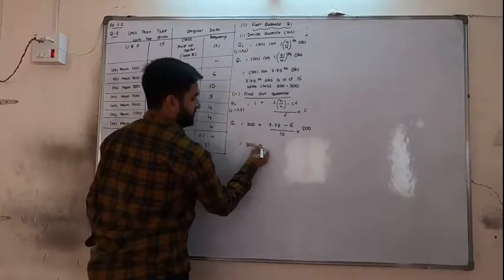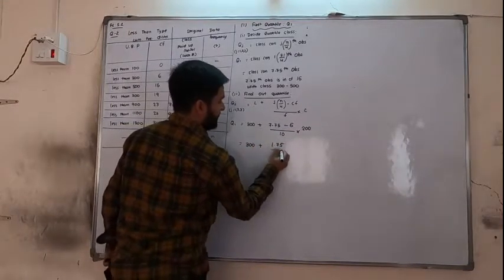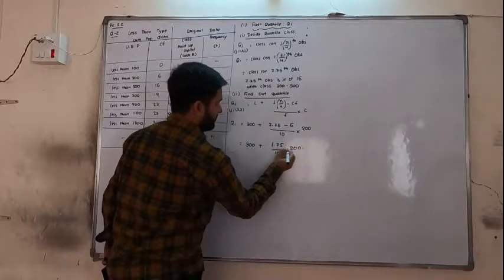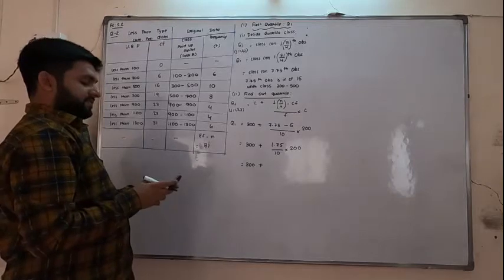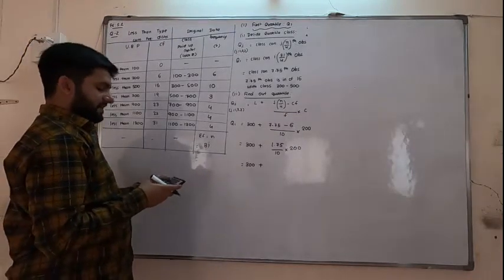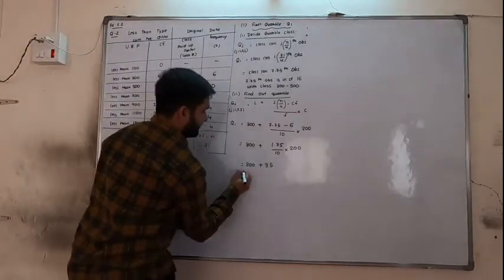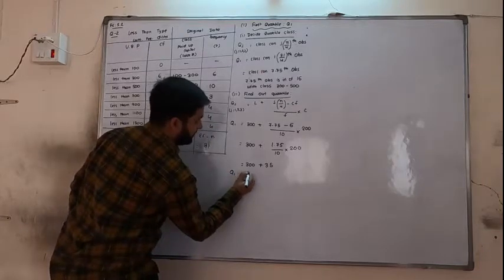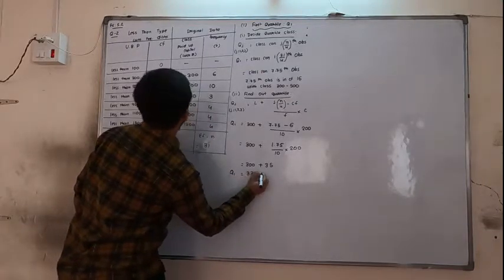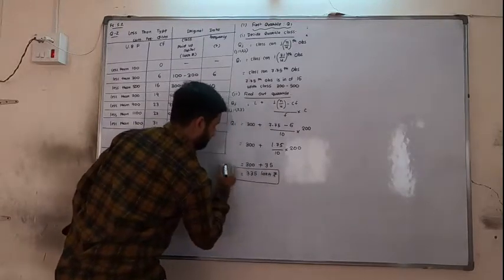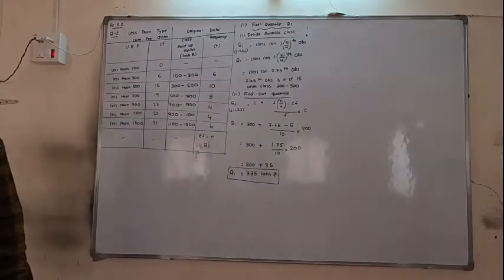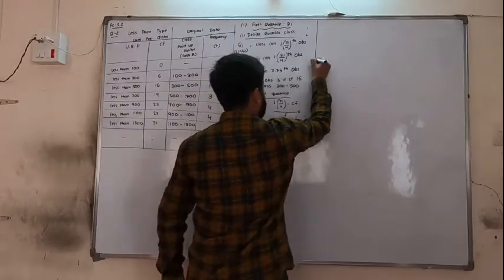So 300 plus 1.75 by 10 into 200. 1.75 into 200 by 10 is 35. So our Q1 will be 335 lakh rupees. Second calculation.